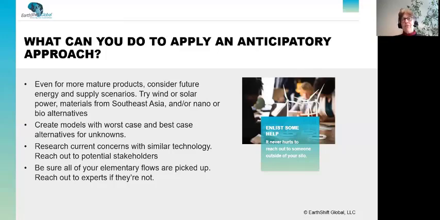Reach out to them, find out what they're interested in. Talk to politicians, talk to people in the street, talk to your customers, talk to all those folks and find out what their concerns are, what their hotspots are. If you can follow through your supply chain up and down and understand where people are concerned, that's a great place to go, as well as the NGOs.